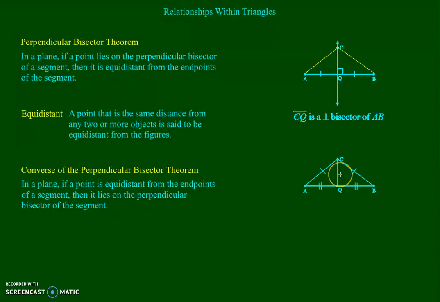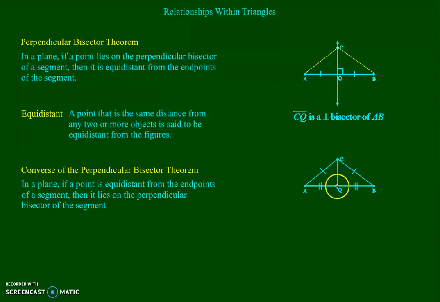And therefore, since these two triangles are congruent, these two angles must be congruent. Since those two angles form a linear pair, and they're congruent, we know that linear pairs are supplementary, so they add up to 180 degrees. So this angle and this angle have to be 90 degrees apiece.